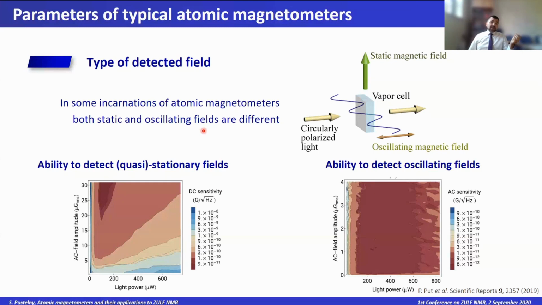And finally, another important parameter is the type of field that you want to detect, because sometimes you want to detect a static field, and sometimes an oscillating magnetic field. Luckily, there are magnetometers that offer detection of either a static field or an oscillating field.